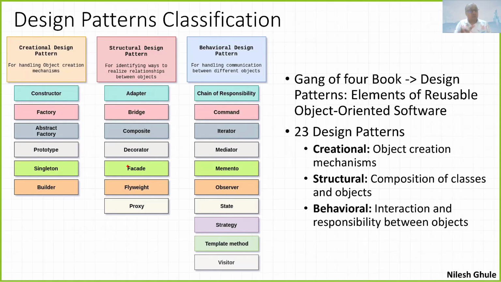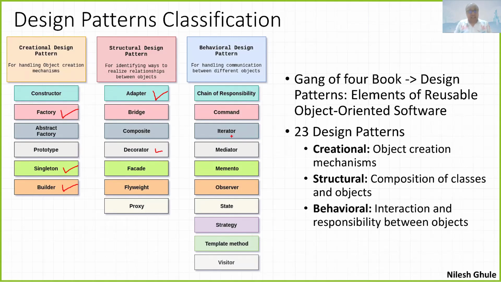Out of these, we implemented the factory design pattern, the Singleton design pattern, and the builder design pattern. From the structural category, we implemented the adapter design pattern, the last one, and we also talked about the decorator design pattern.